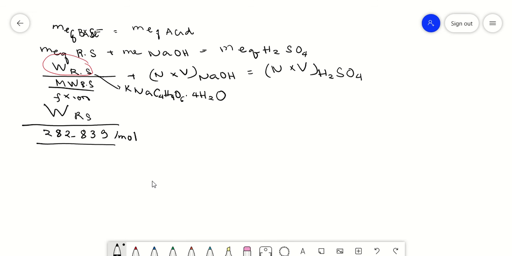Okay, so take note that we have here a base. So what would be the factor? Potassium and sodium. So the factor would be 2 equivalents per mole times 1,000.